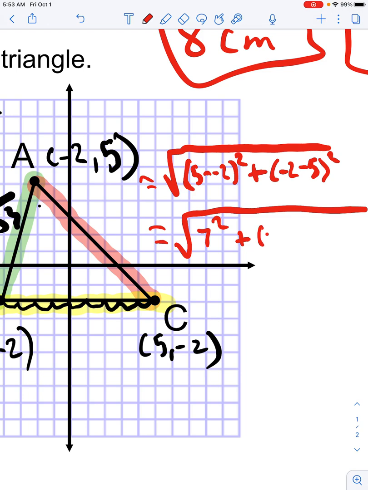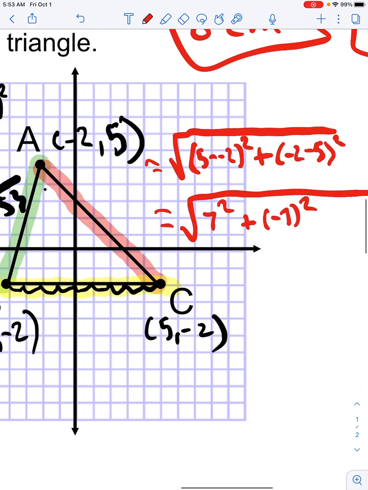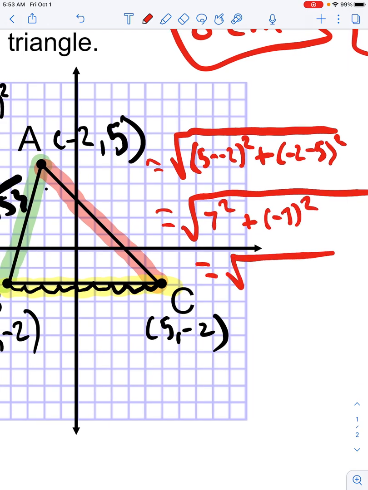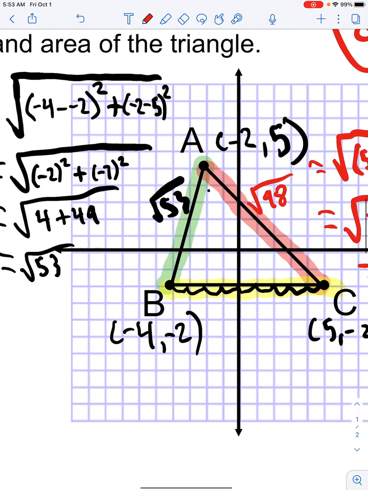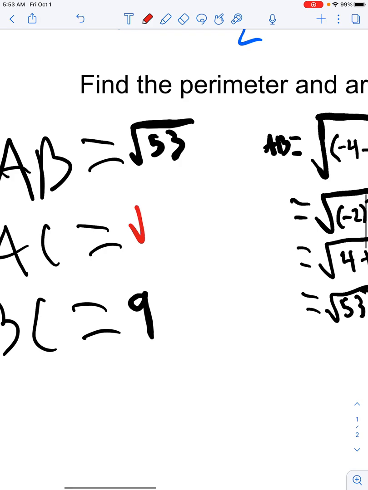Negative 2 minus 5 is negative 7 squared. So I'm going to end up with the square root of 49 plus 49, which equals the square root of 98. So this line right here is the square root of 98.